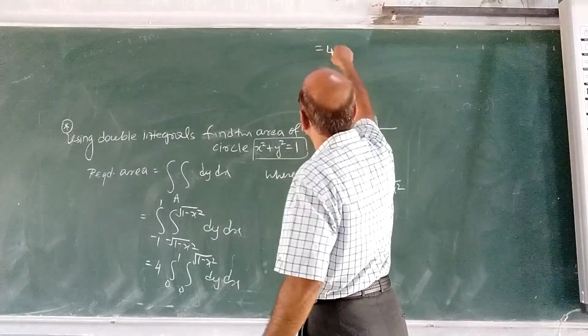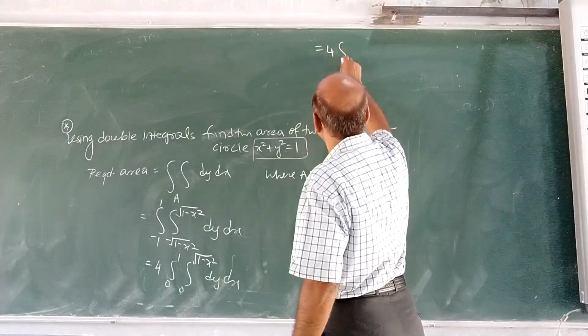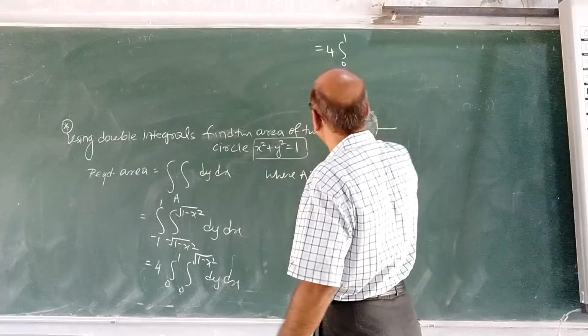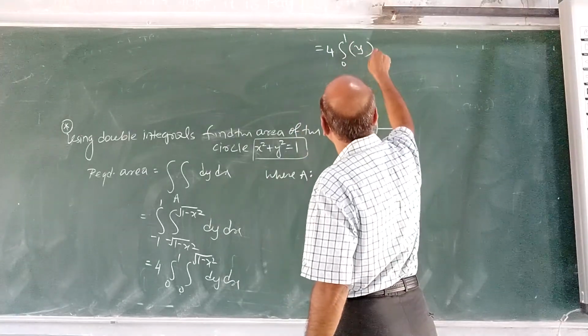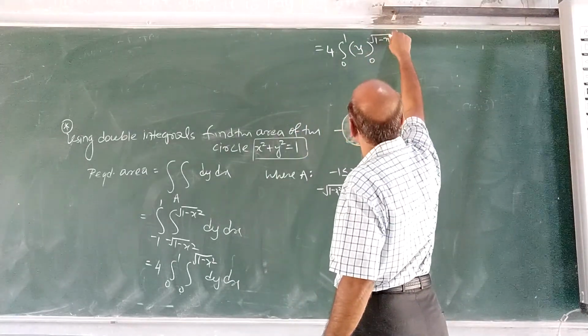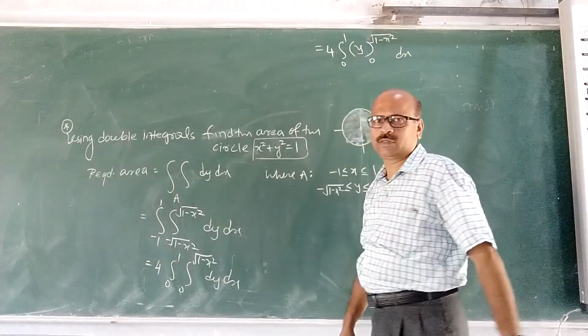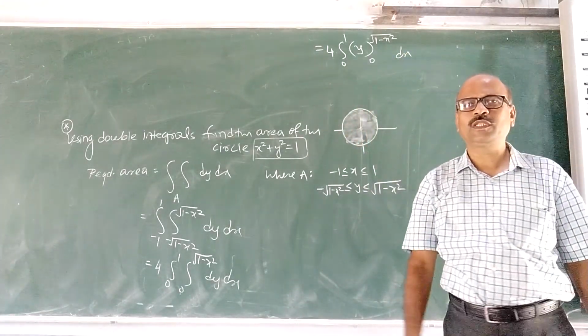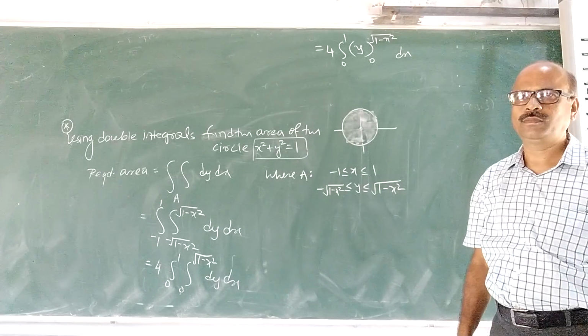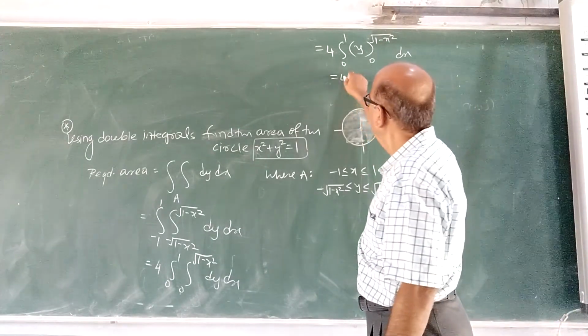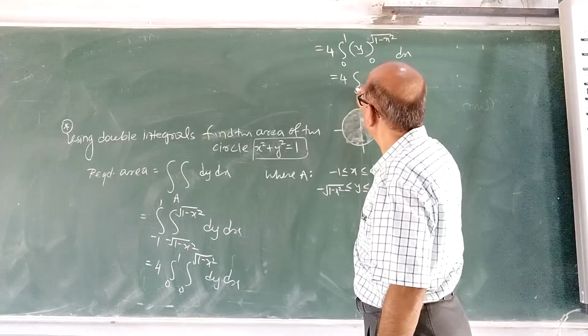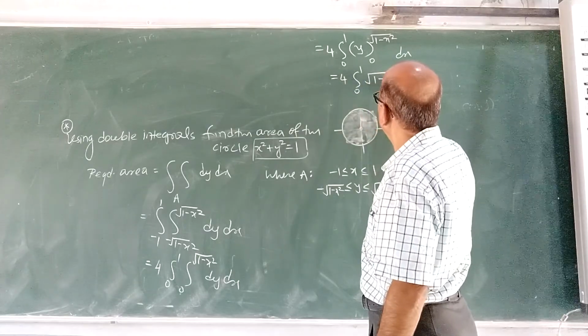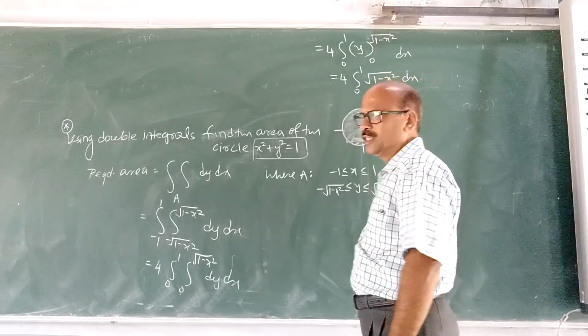Therefore, 4 into the integral from 0 to 1 of, what is the integral of dy? y from 0 to root 1 minus x square, with respect to x. So 4 into the integral from 0 to 1 of root 1 minus x square with respect to x.